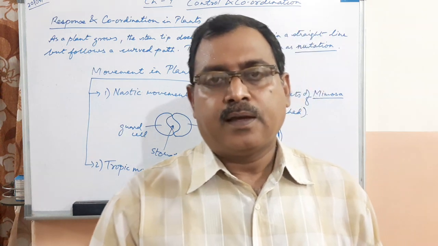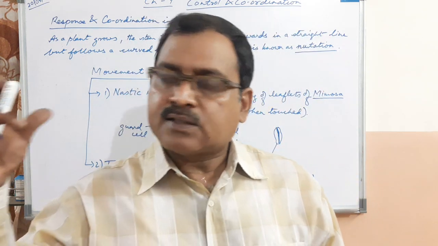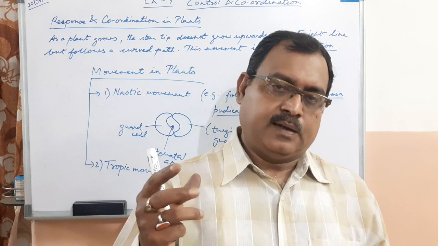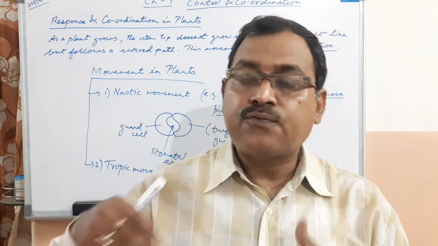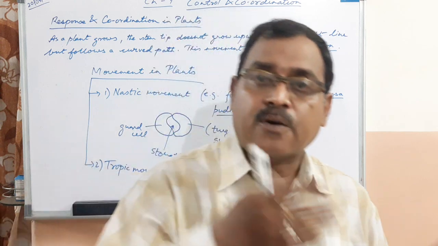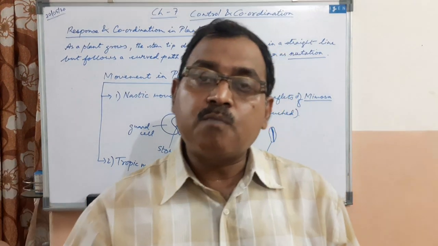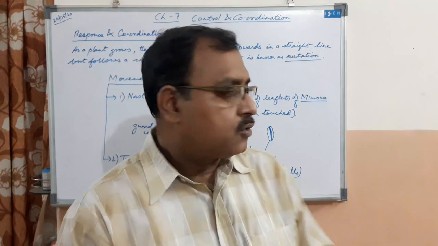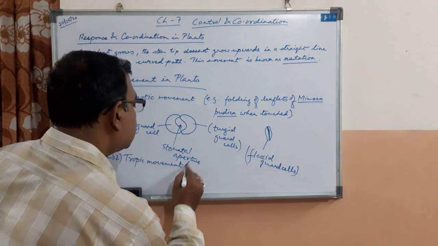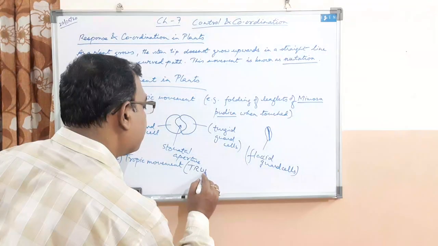For example, when a stimulus is there, an organism may either move towards the stimulus or away from it, and such type of movement is called tropic movement or tropism.